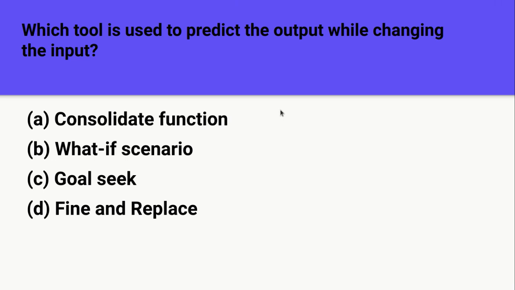Which tool is used to predict the output while changing the input? We have to predict the output while changing the input. The answer is what if scenario. By using the what if scenario, we are predicting the output while changing the input.